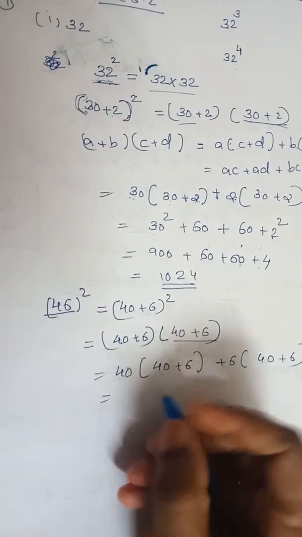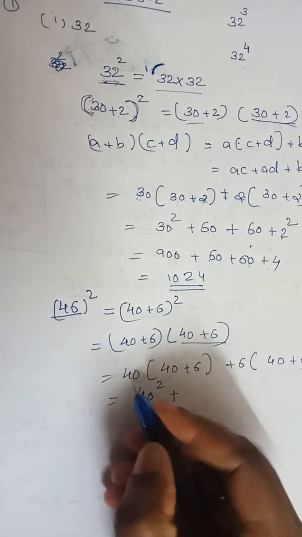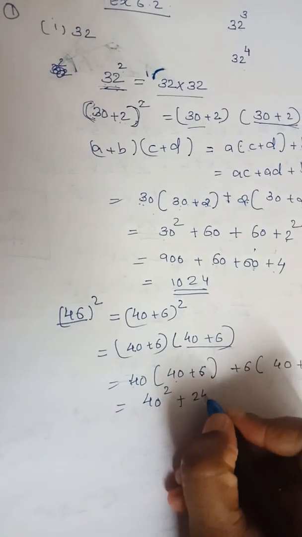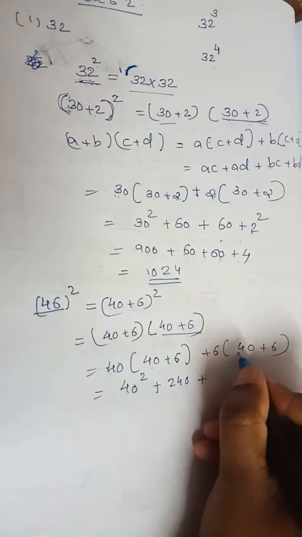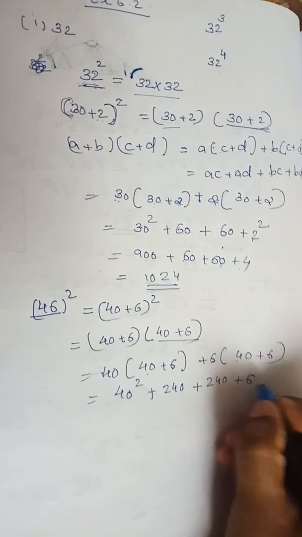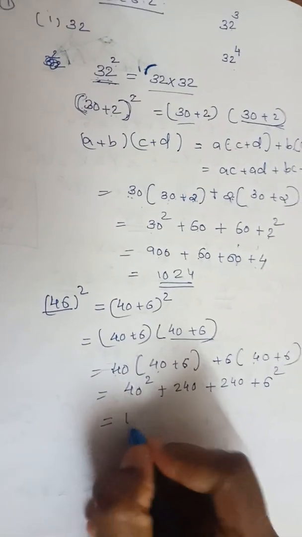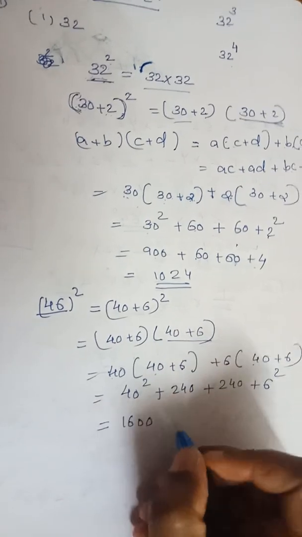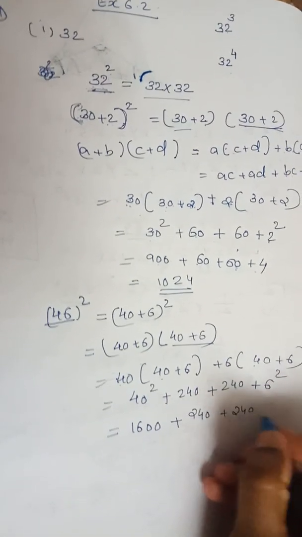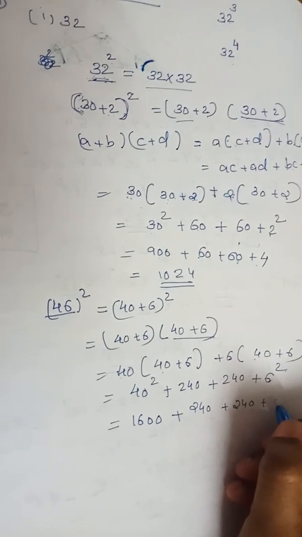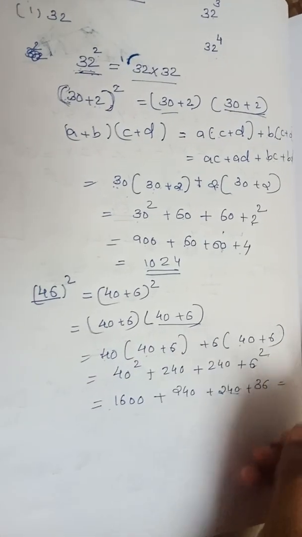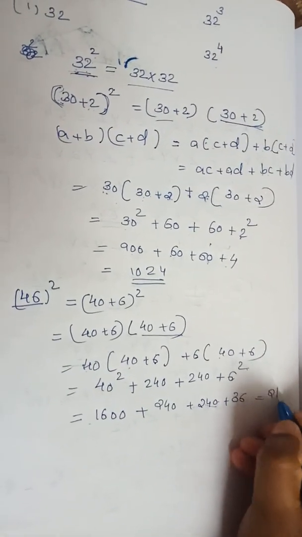So 40 into 40 is 40 square, plus 40 into 6, 4 into 6 is 24, remaining 10, so 240, plus 6 into 40, 240, plus 6 into 6, 6 square. 40 square is 1600, plus 240, plus 240, plus 6 square, which is 36. Adding all these numbers, you get the final answer 2116.